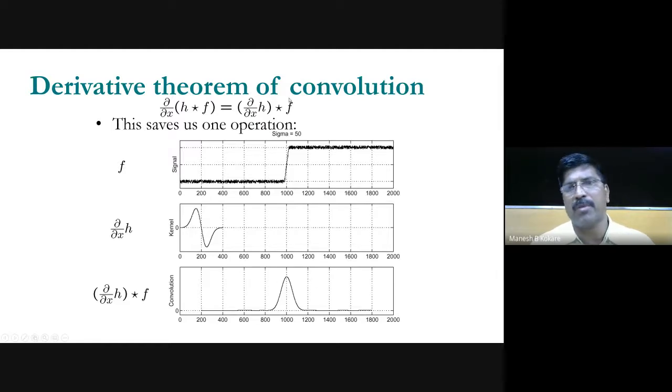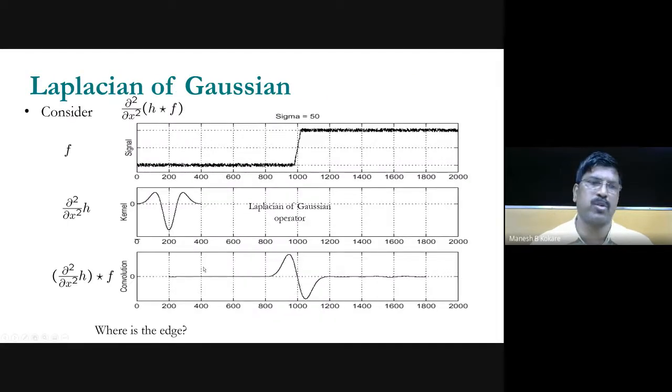The derivative theorem of convolution gives the same thing: dou by dou x of h convolved with f is equal to dou by dou x of h convolved with f. So the edge is at the maxima of the function, or you can find the local maxima of that function to find the edge location.